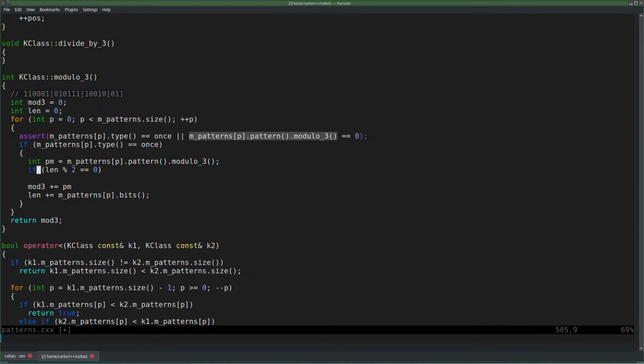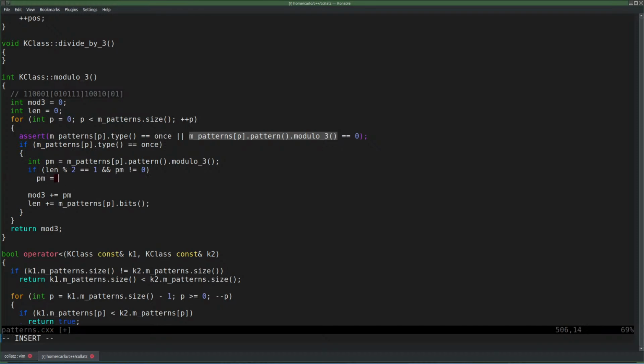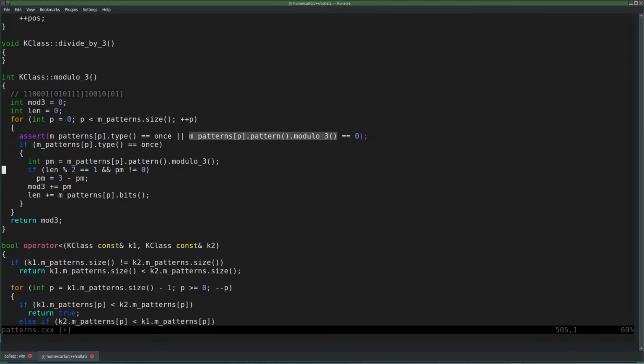If it is an odd length, well, since I do the mod percentage 3 anyway, I don't have to test that.